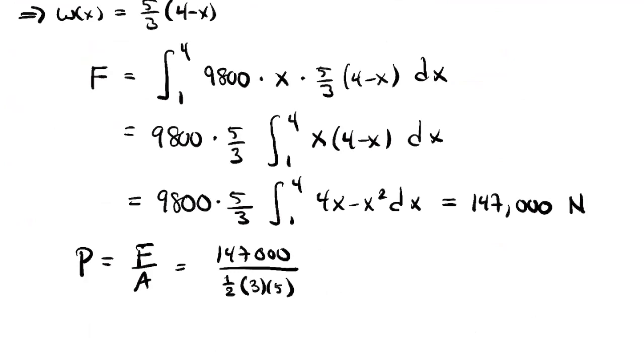And I'll let you check my math that comes out to be 19,600. That's 19,600 newtons per square meter. Or if you prefer, you can call that a Pascal. Okay. So there's a computation showing how to proceed to set up the local estimate when the width of the object is not a constant.